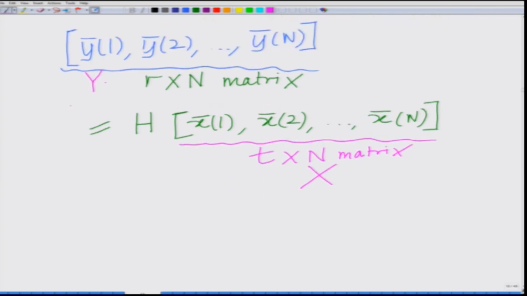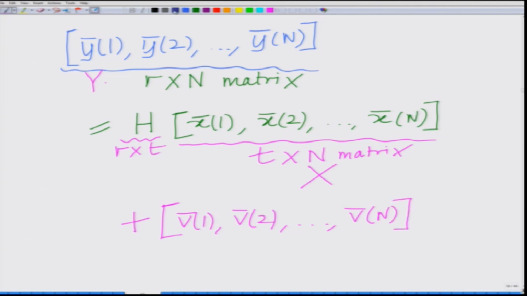Of course, your H is your channel matrix, which is still your R cross T matrix, plus of course I have a noise matrix, which is V bar 1, V bar 2, up to V bar n.